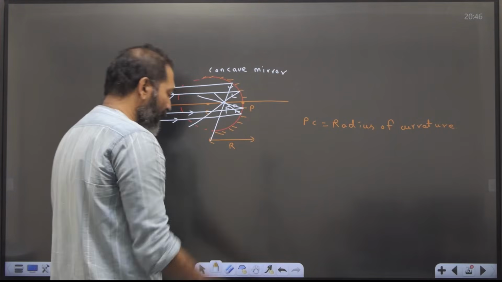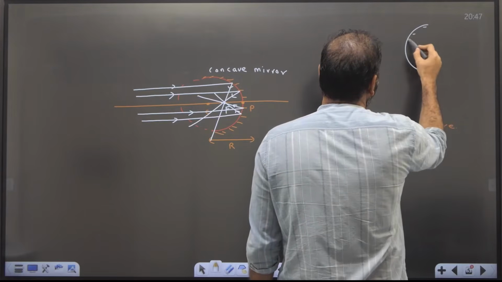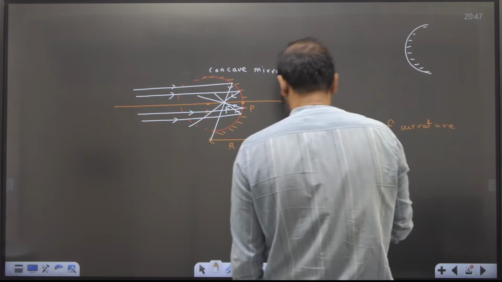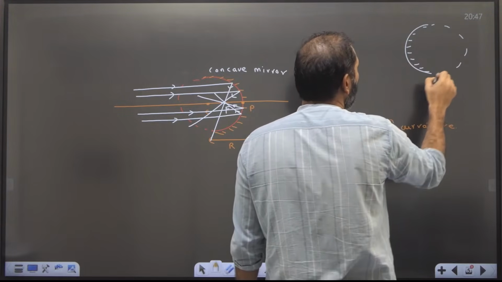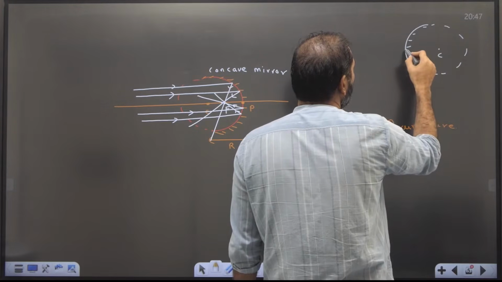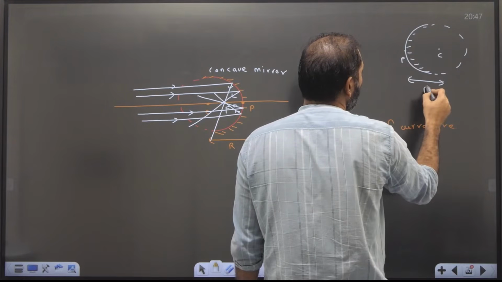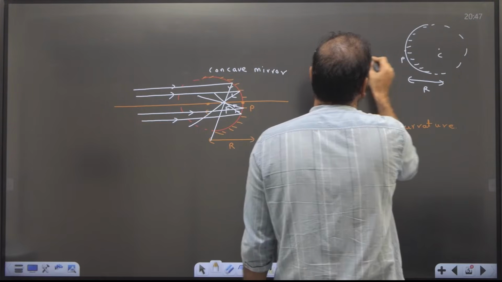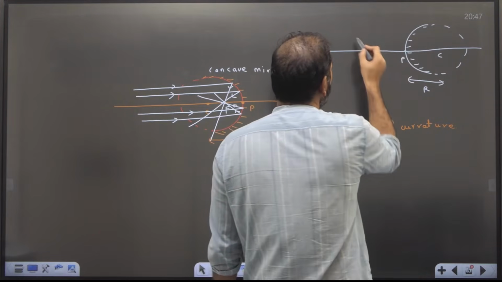Now we can show the same thing for a convex mirror. So this is a convex mirror. Here, this will be the center and this will be the pole. So this distance will be the radius of curvature. The straight line which passes through the pole and center of curvature is the principal axis.